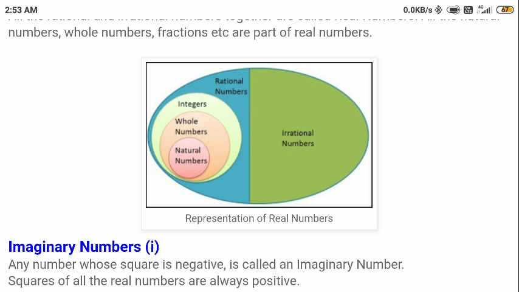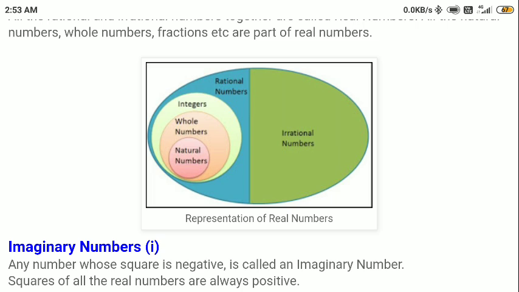Next is integers. In integers, we have 0 along with all the natural numbers and the negatives of natural numbers also. In the next step, in integers, we include the negative numbers also, negatives of all the natural numbers. So that is how we are increasing towards a bigger group of numbers. We started with natural numbers, then whole numbers, and now integers.